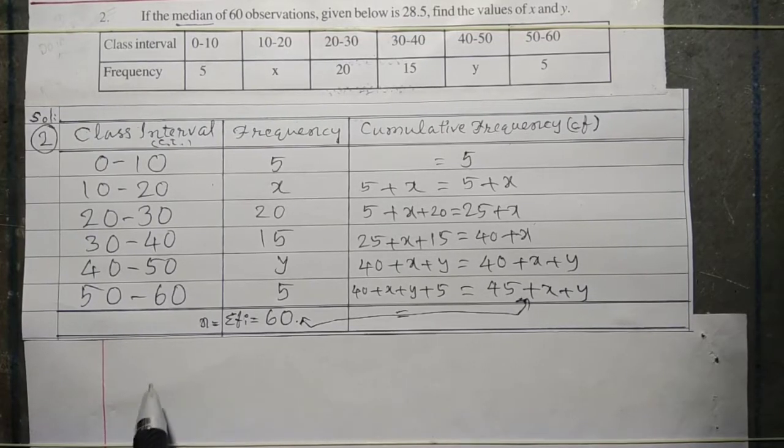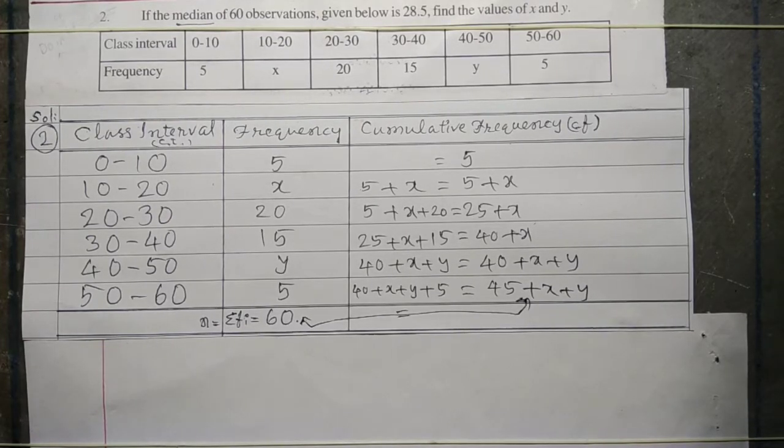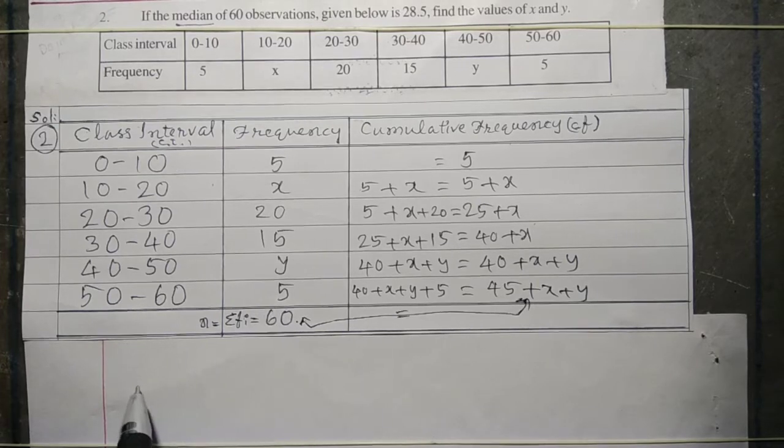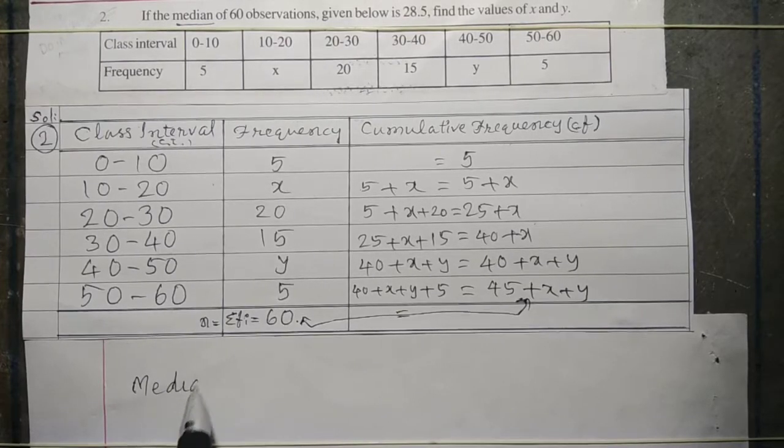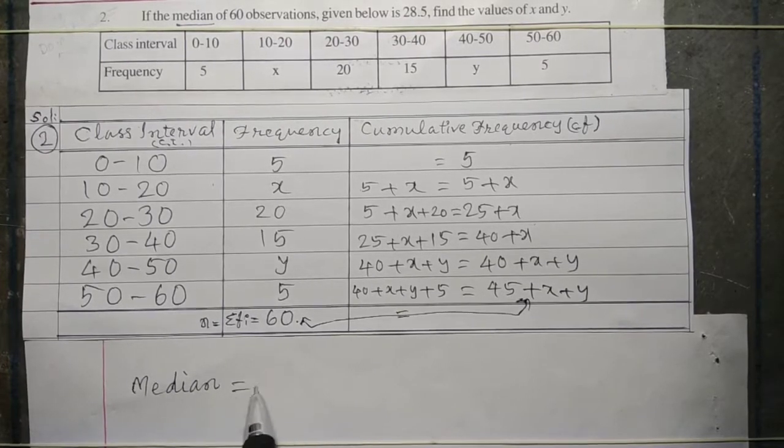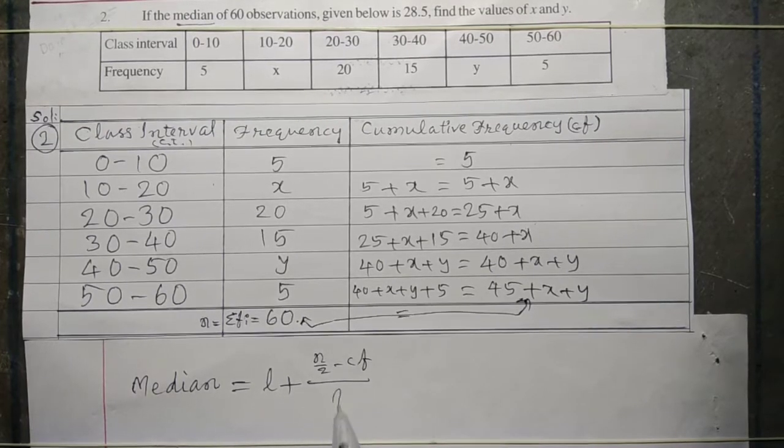Median. First, we have to know the median formula. Median is equal to L plus n by 2 minus CF, cumulative frequency, by small f into h.